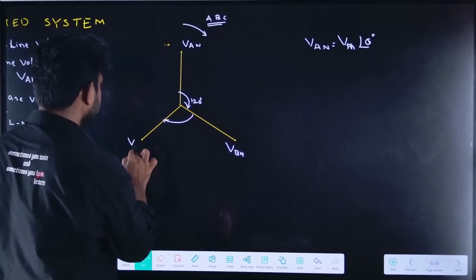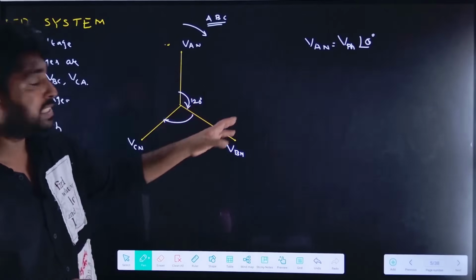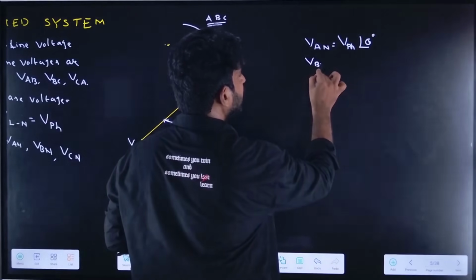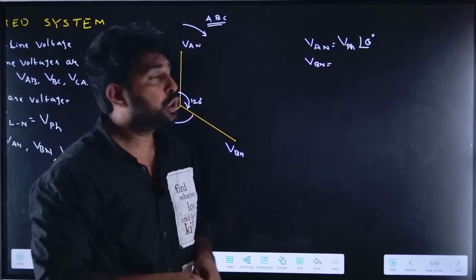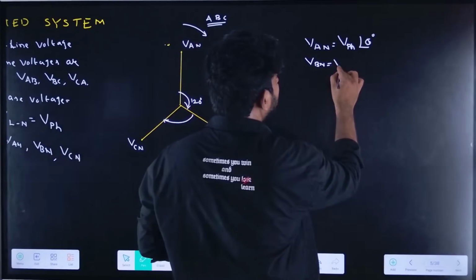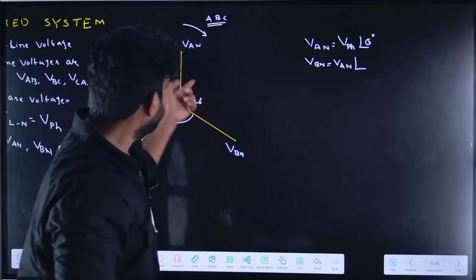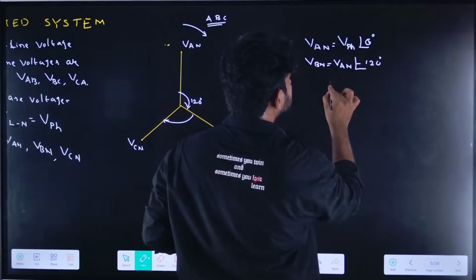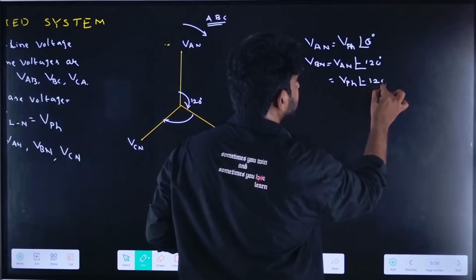So how can we represent these two? Because we are assuming a balanced load, VBN equals V phase at an angle minus 120 degrees.